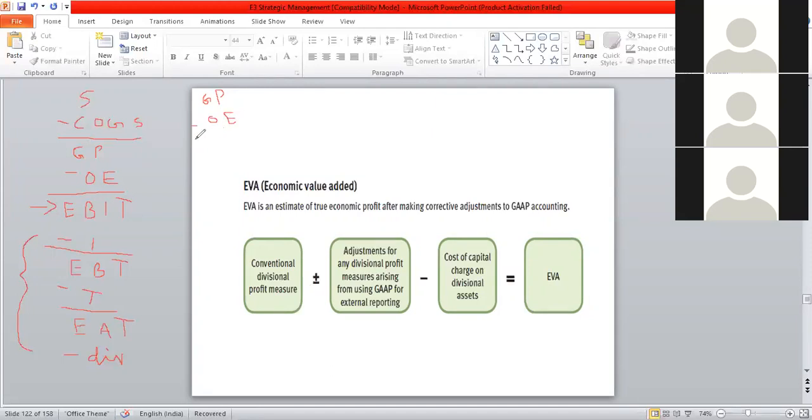There are certain non-operating expenses also which are deducted, like if assets are sold, loss on sale of asset, any economic depression or depreciation, or if the assets are revalued and there is some kind of impairment, that is, the value has to be brought down.